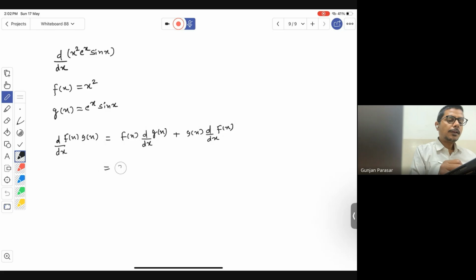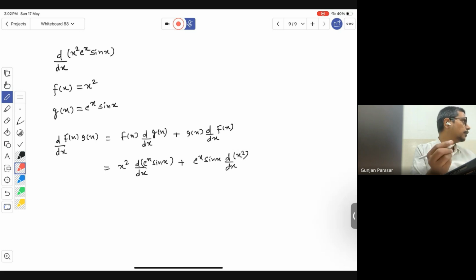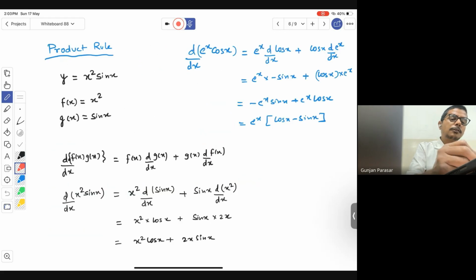So we get x square into dy by dx of e power x into sin x, and then e power x sin x into dy by dx of x square. Now to find the differentiation of e power x into sin x, we will apply the product rule separately. Same thing that we did here, e power x into cos x, correct, no?